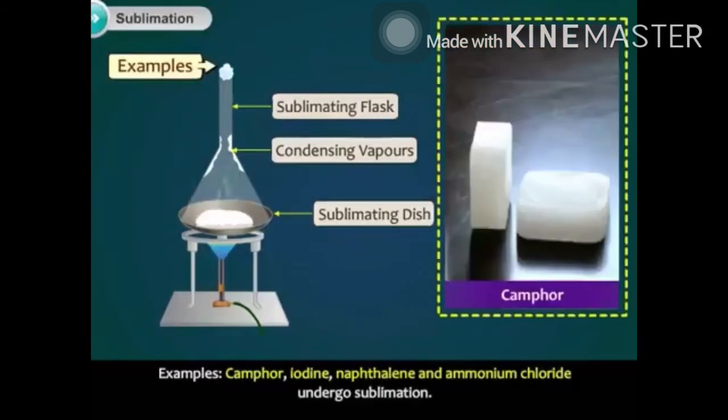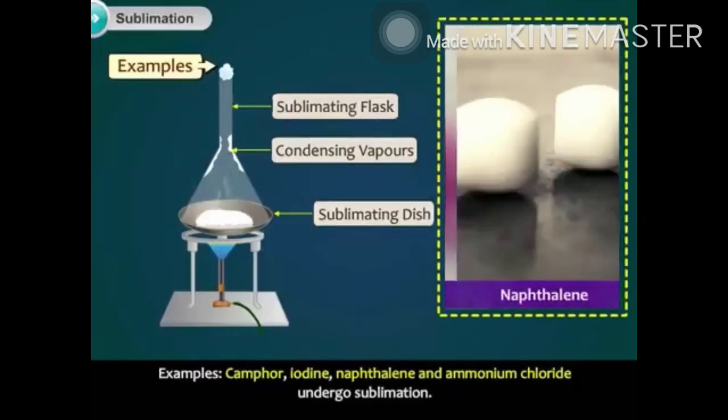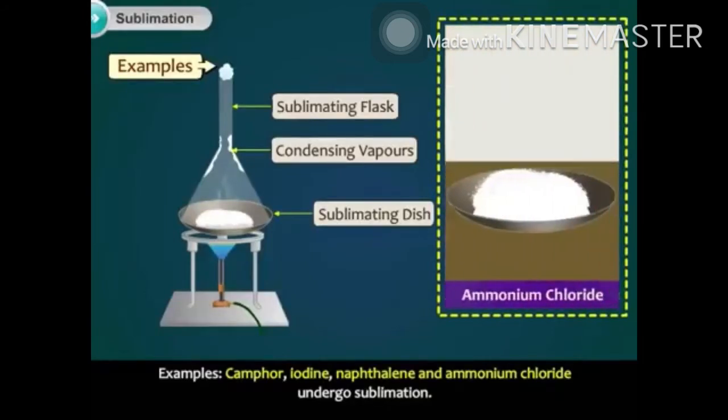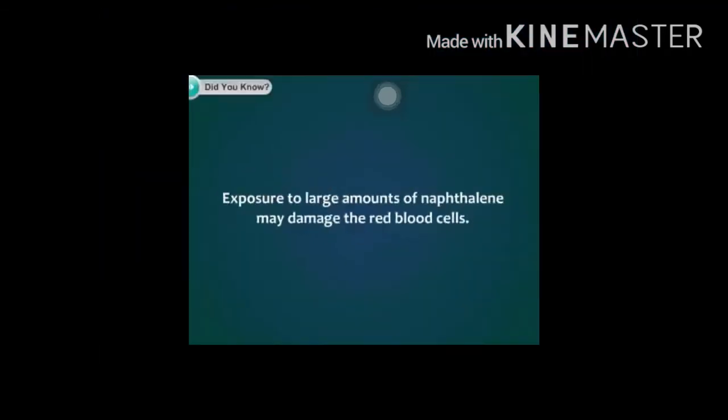Examples: camphor, iodine, naphthalene, and ammonium chloride undergo sublimation. Did you know that exposure to large amounts of naphthalene may damage the red blood cells? And those are just examples of how to separate and mix solid materials.